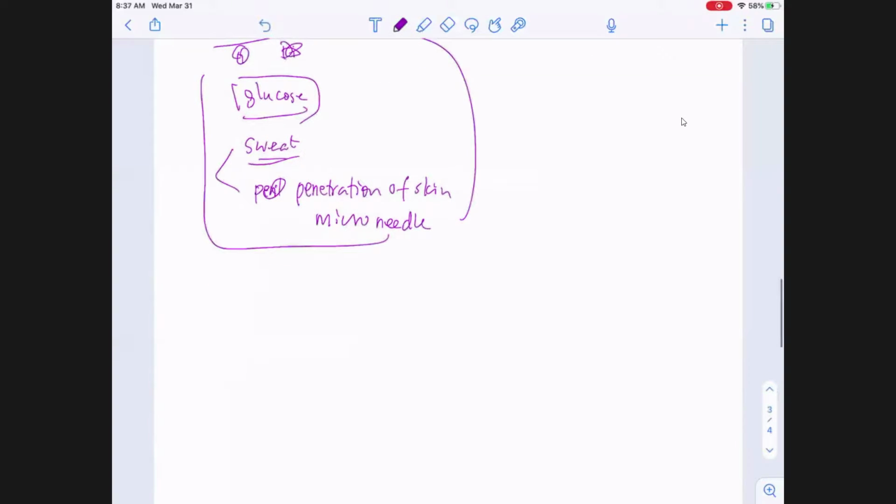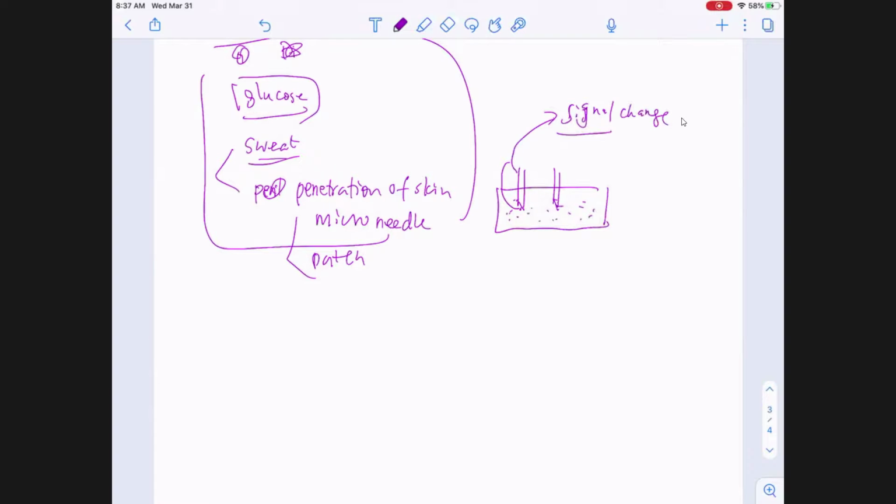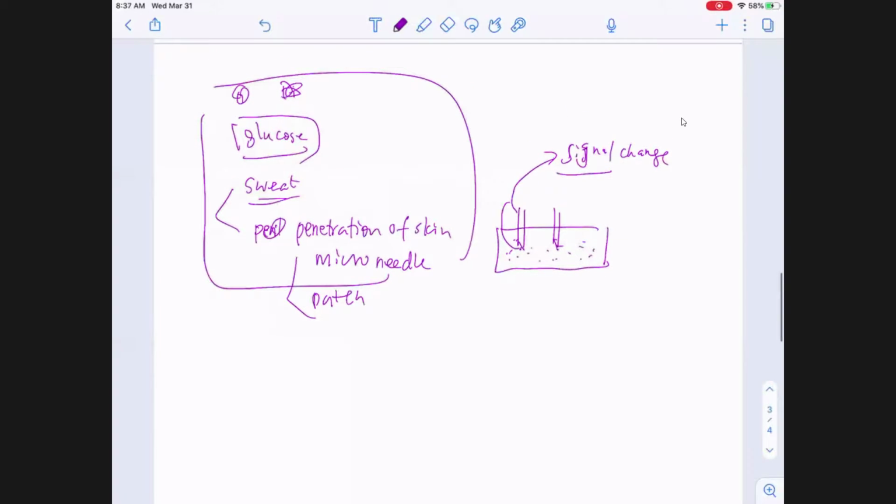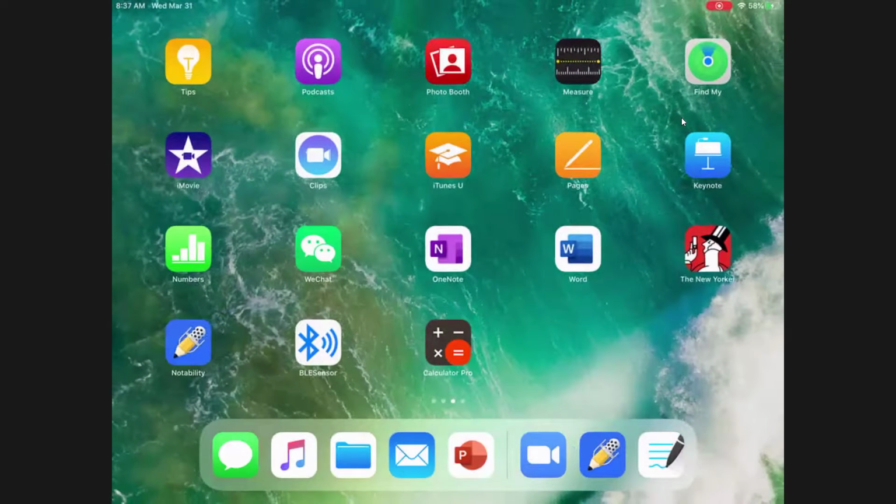It could be a patch or a microneedle together. We know there is a lot of fluid in the skin, so if you design a microneedle, we can detect the signal change. That's one way. So let's watch the movie first and take a look at it.